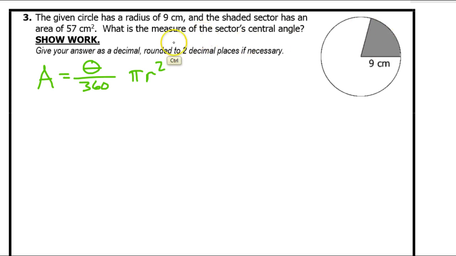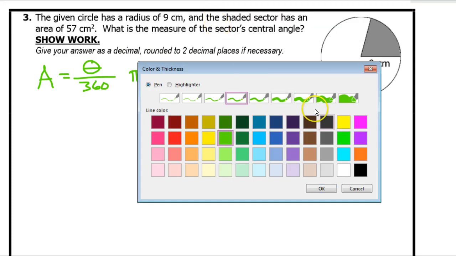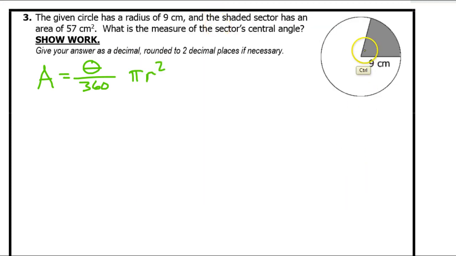Now, the thing that we're looking for is the measure of the central angle. The central angle is this right here, and we call it theta. So we're looking for theta. That means we must be given A and R, the sector area and the radius.